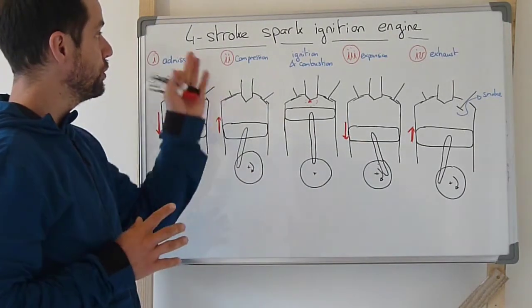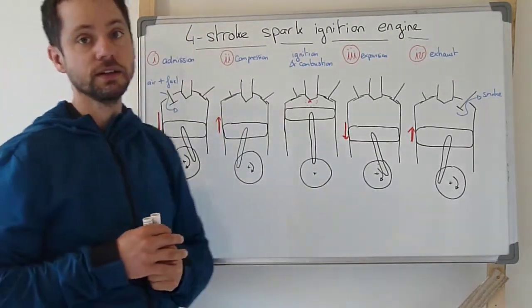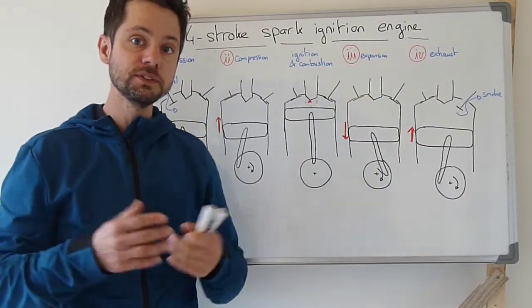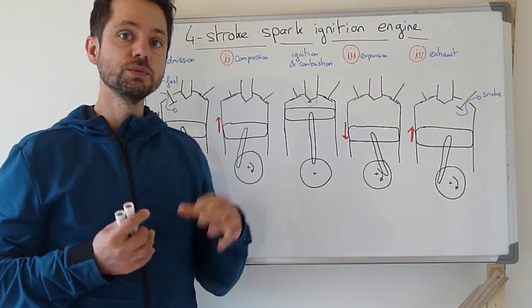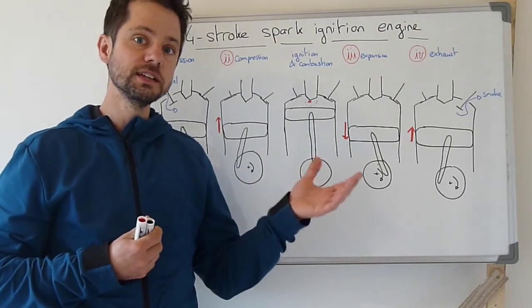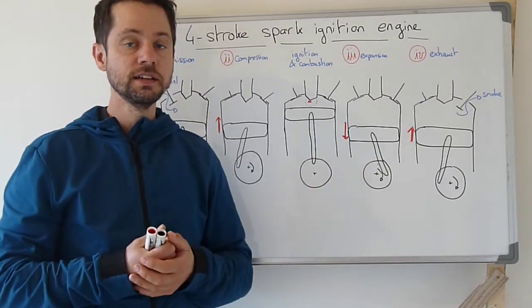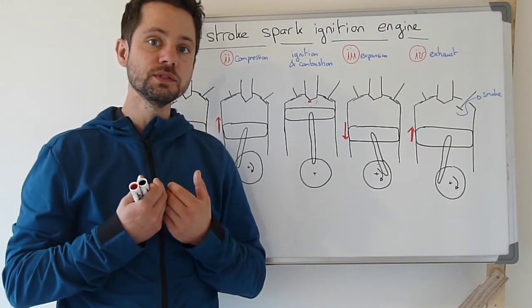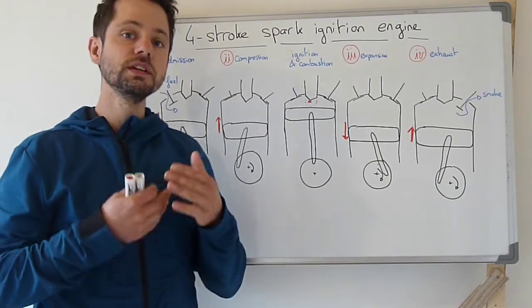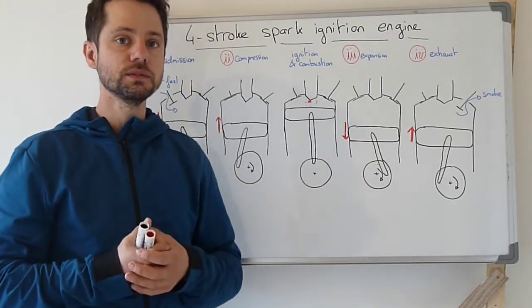Then, among the four-stroke engines, we can also find two main types of engines. So we usually call them on cars gasoline engine and diesel engine, but here we will use more appropriate names that don't only refer to the fuel that is used.